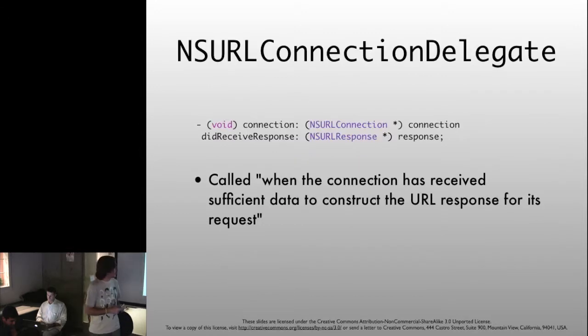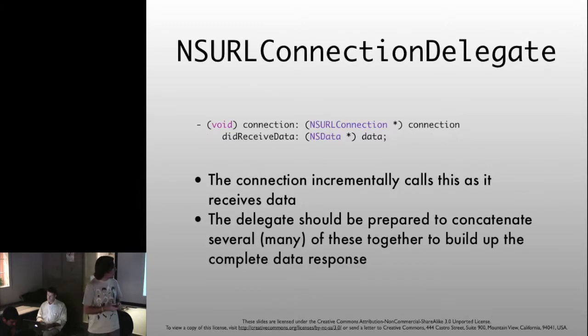So the first interesting one is didReceiveResponse. As the documentation puts it, this is called when the connection has received enough data to actually realize that there is an actual HTTP URL response. There's also didReceiveData. This gets called every time the request receives some amount of data. This is not necessarily all done all at once.